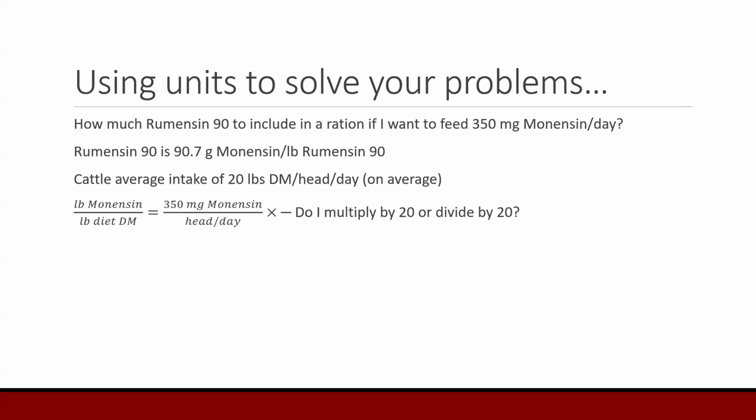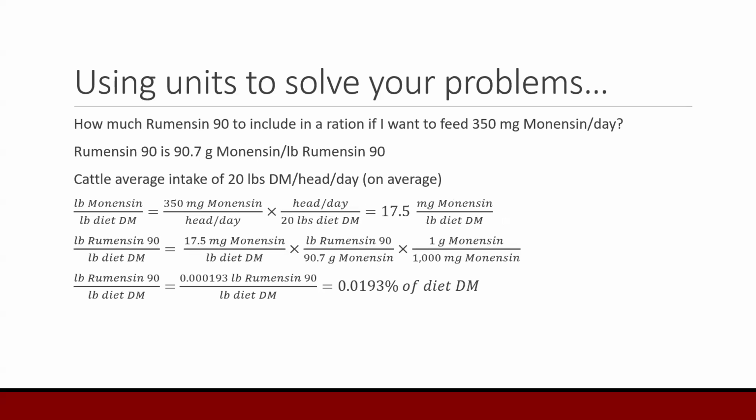I need to cancel out head days and I need pounds of dry matter in the denominator, right? So what would I do? Divide. Everybody understanding the points I'm trying to make?